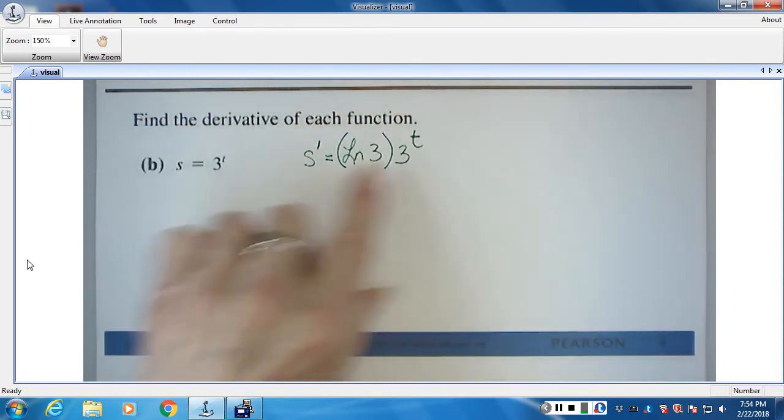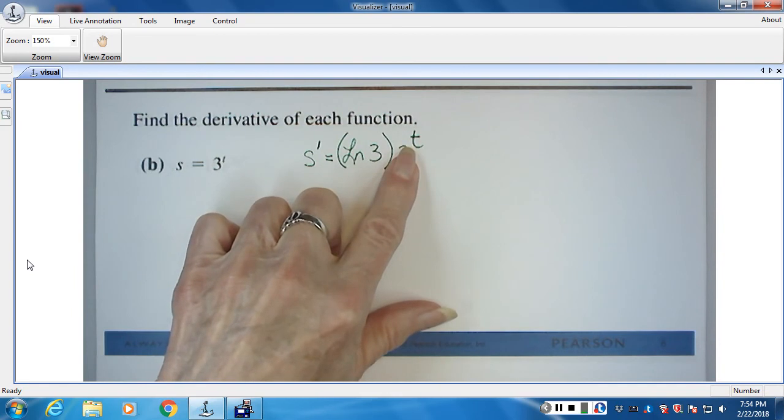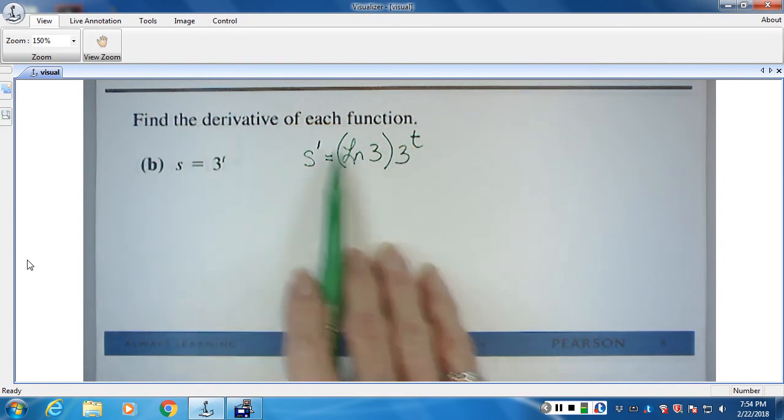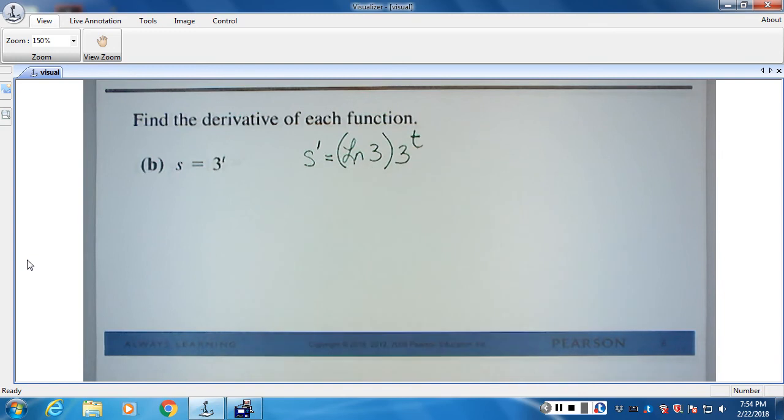And even if you took the derivative of t, if you tried to do a chain rule on it, the derivative of t is 1, and 1 times ln 3 times 3 to the t is still the same thing you got right now. So that's the final answer? That's the final answer. You're done. Okay?